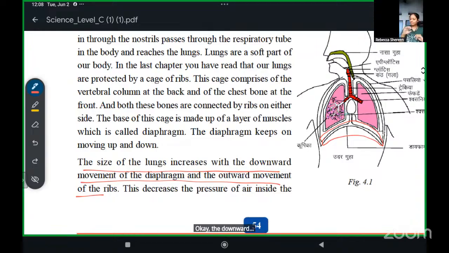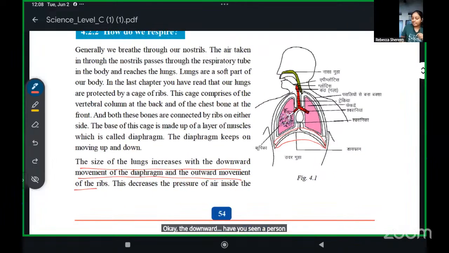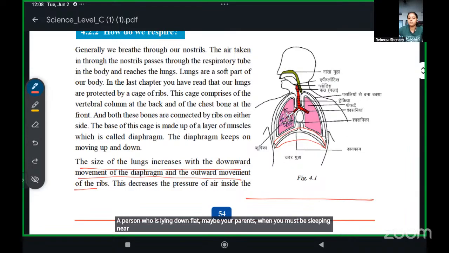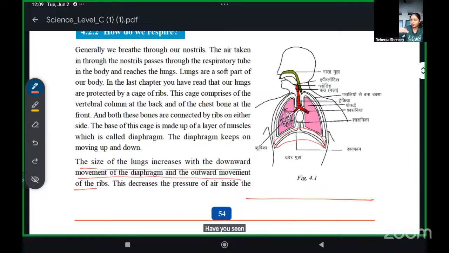Have you seen a person lying down flat while sleeping? Maybe your parents, when you were sleeping near them. When they are sleeping, their stomach seems to move up and down. Have you seen that?